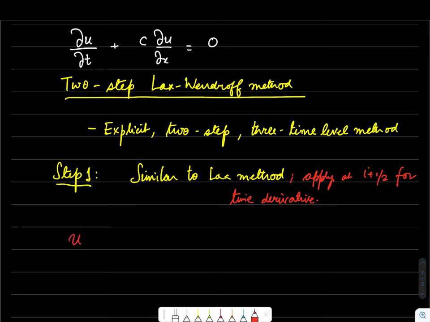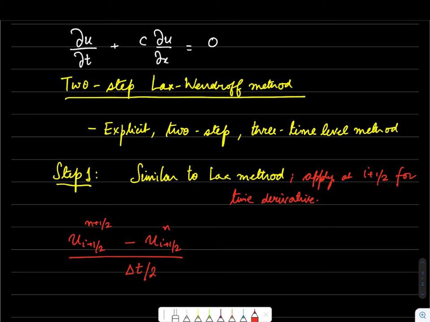So we'll have u i plus half at n plus half minus u i plus half at n, divided by delta t by 2, because the time step difference is delta t by 2.